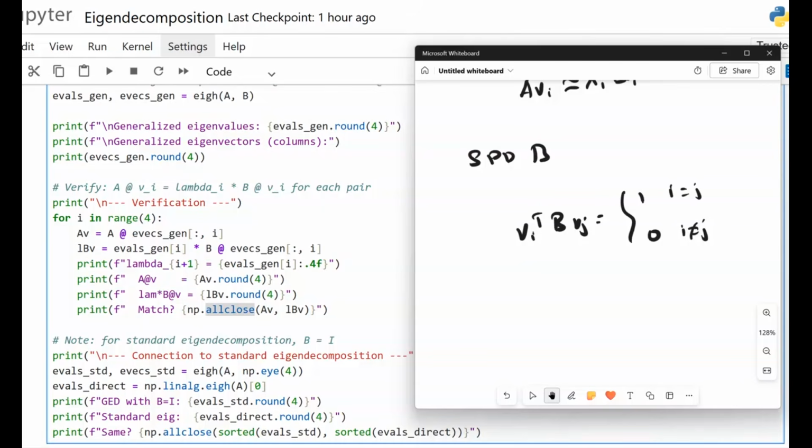Kindly have a note. When we go towards the reduction to standard eigendecomposition, here GED, that is generalized eigendecomposition, can be converted to a standard problem.